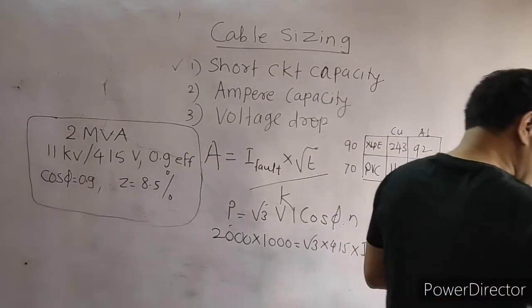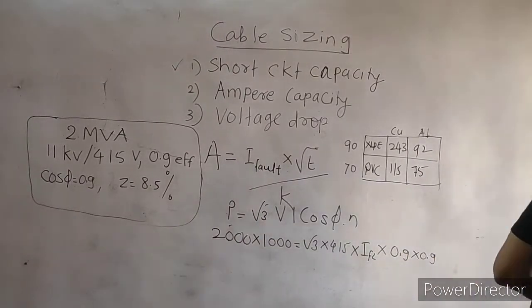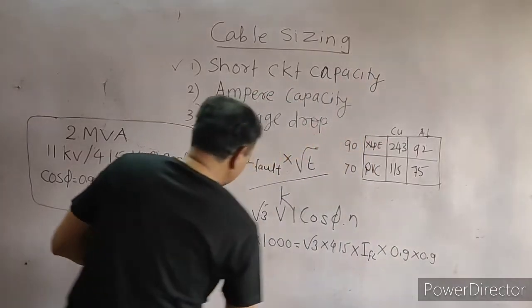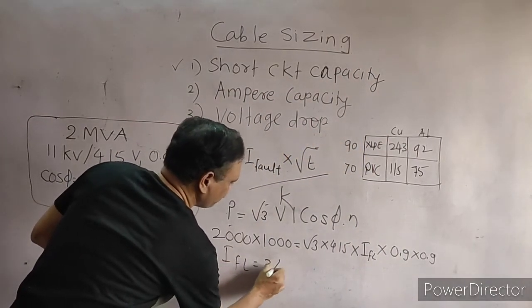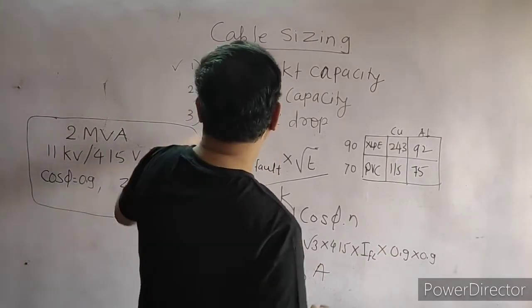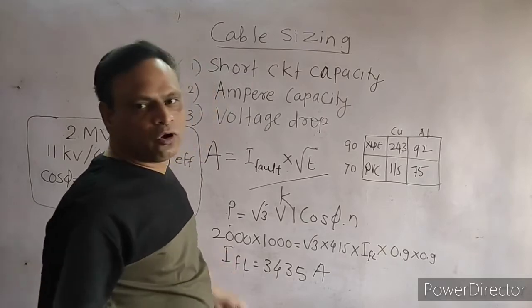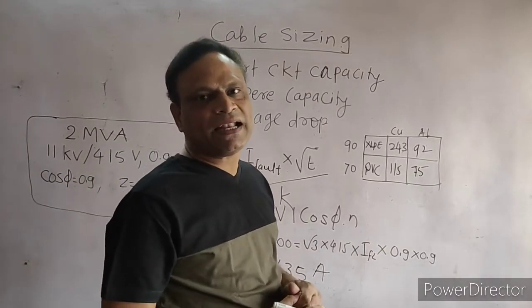If you calculate, this value comes to be 3435. So this I at full load is 3435 amperes.